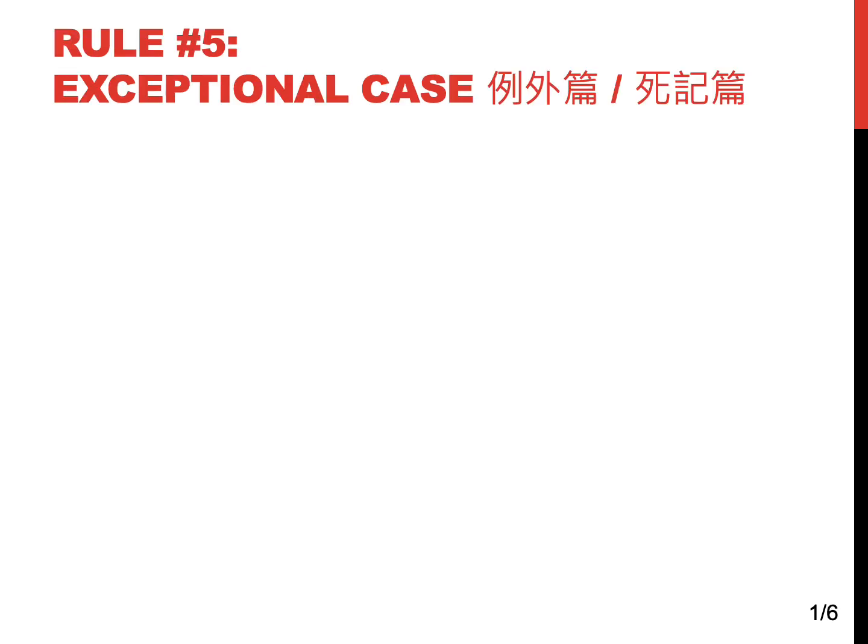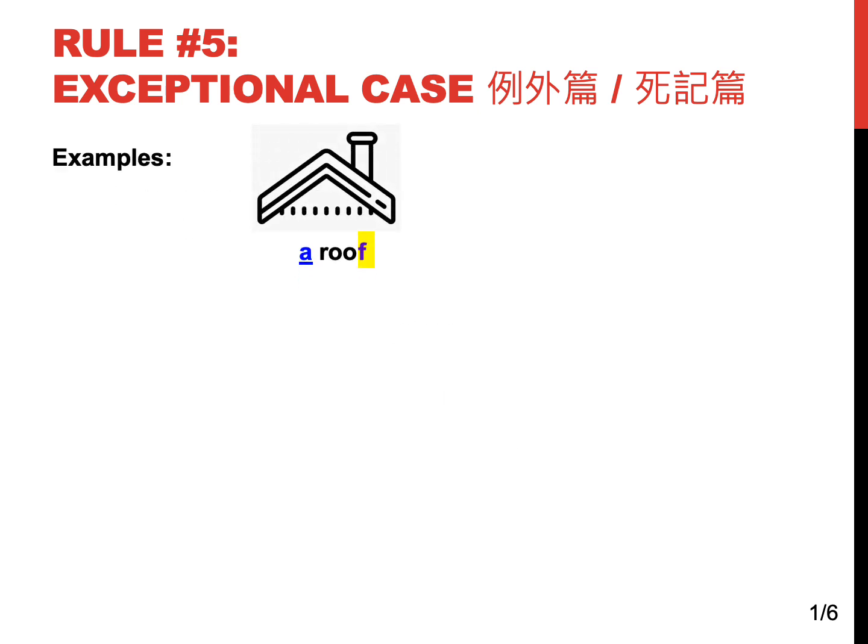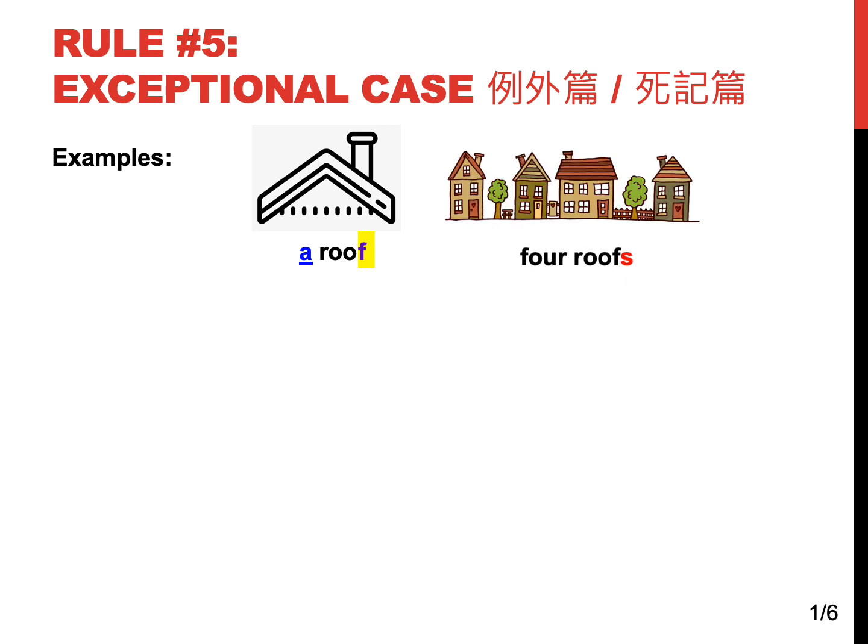Rule number 5. There are many exceptional cases in English. For example, this is a roof. So in the previous slide, you can see when we see an F at the end of a noun, you change it into VES. But for this word, you just put an S after it.